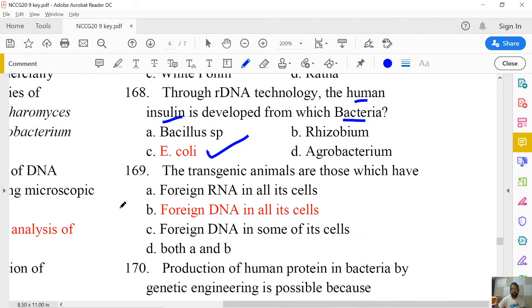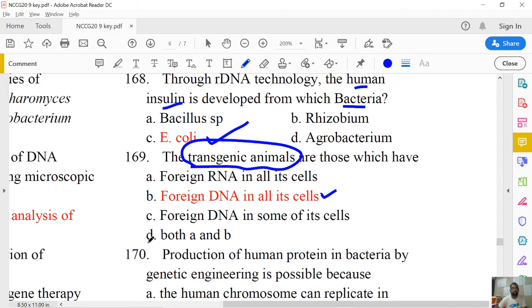When you talk about transgenic animals, the particular gene is present in all the cells of the animal. It may be expressed in only a few cells, but will be present in all the cells.